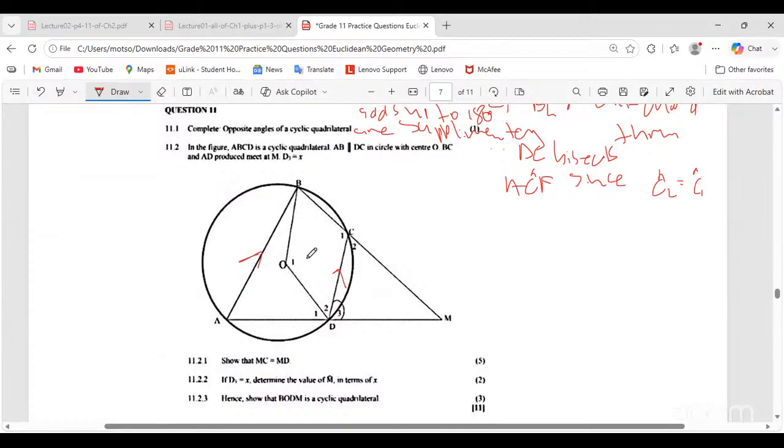In the circle with the center O, BC and AD produced meet at M. BC and AD are being produced and they both meet at M. Now, angle D3 is given to us as X. Now, show that MC is equal to MD. How are we going to show that?